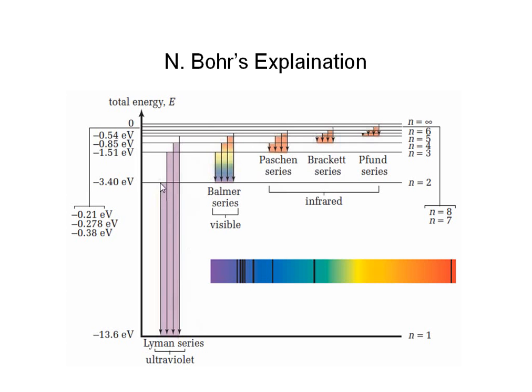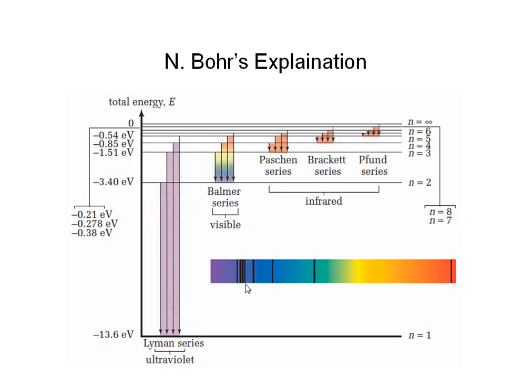Light is emitted when an electron drops from a higher energy level, an outer shell, to a lower energy level, an inner shell, and the energy difference is exactly the energy of the photon.